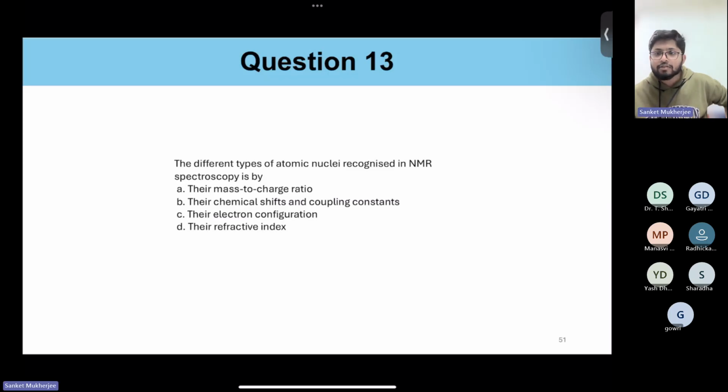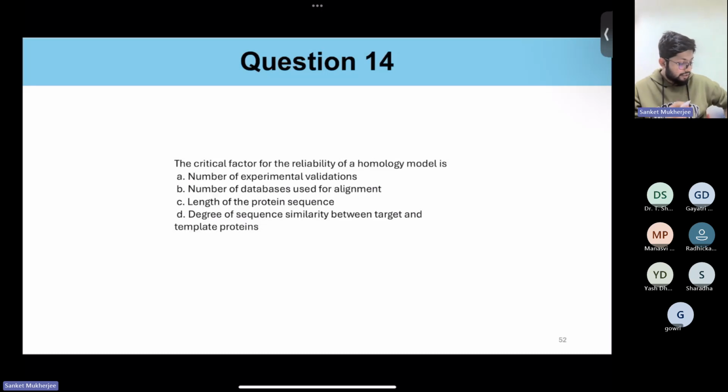Anybody would like to answer this? No answers? The chemical shift would be the answer.